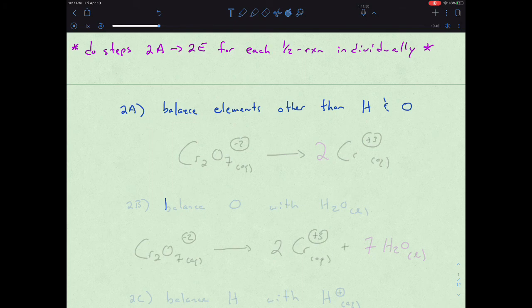So if we look at that reaction, we had the dichromate producing chromium plus 3. So we would want to add a 2 in front of the chromium plus 3 in order for it to be now balanced.